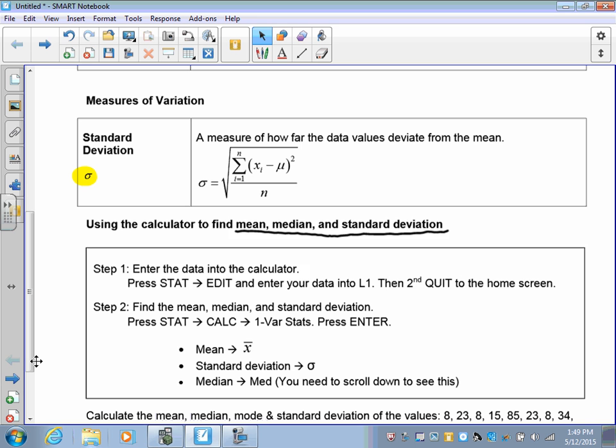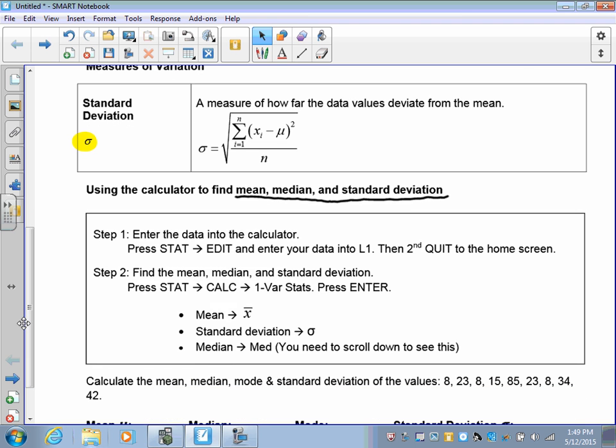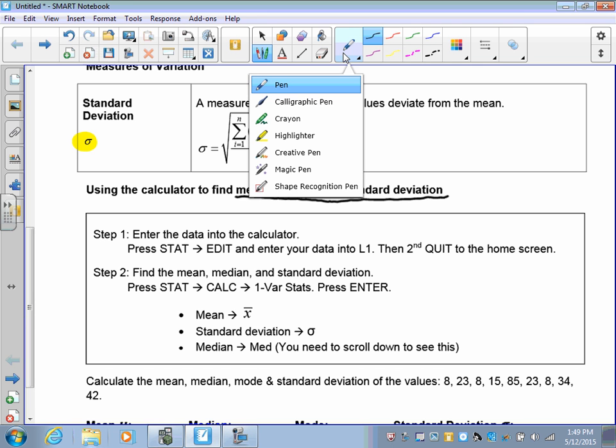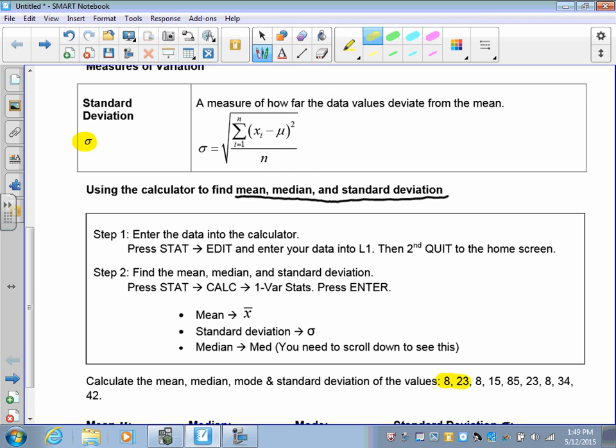So take your calculator out, and the data that we're going to use for this is going to be 8, 23, 8, 15, 85, 23, 8, and 34.